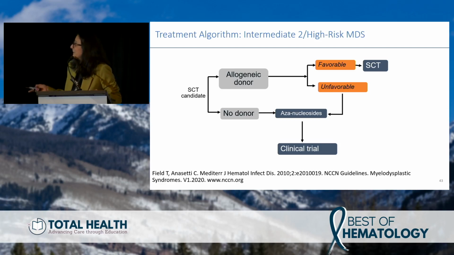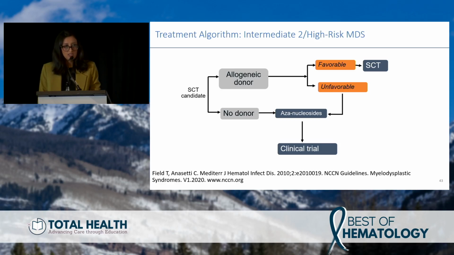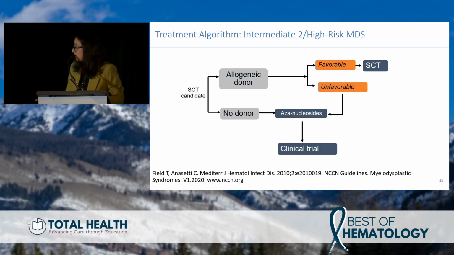That's good. So with high-risk MDS, we do treat them still very much like AML patients. We want to right off the bat know who could be a candidate for allogeneic stem cell transplant, as allogeneic stem cell transplant is still the only curative therapy for patients with high-risk MDS.